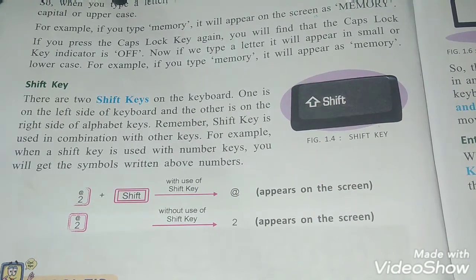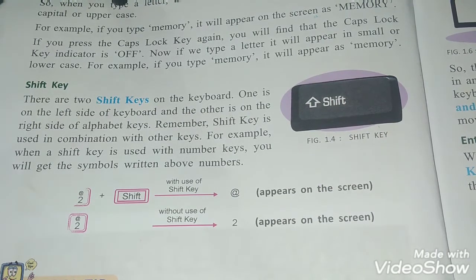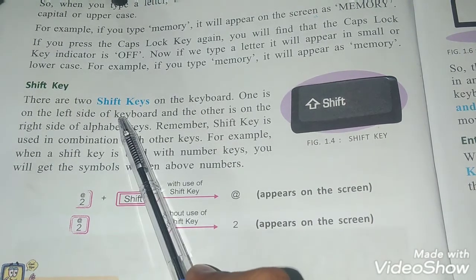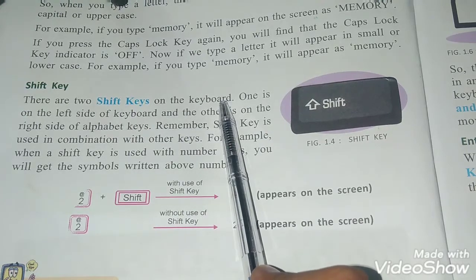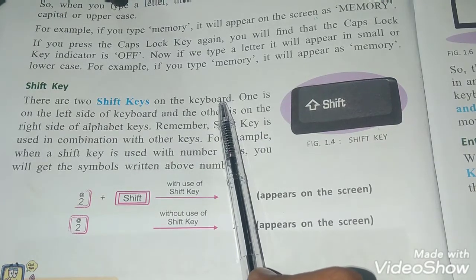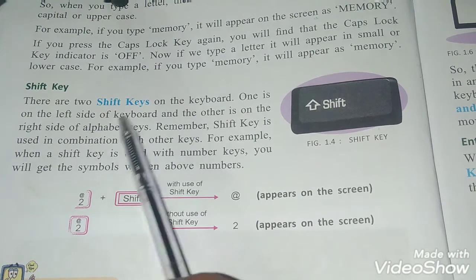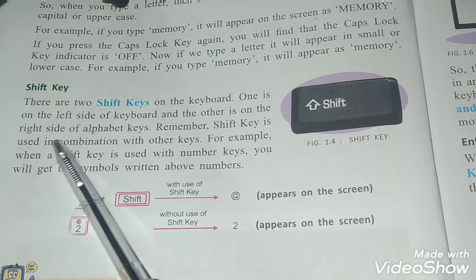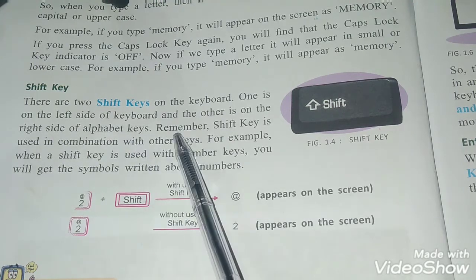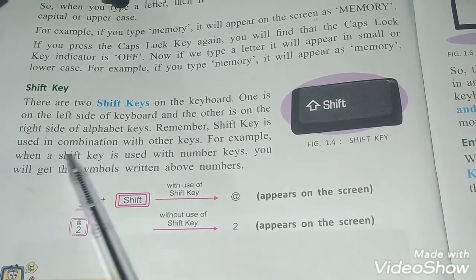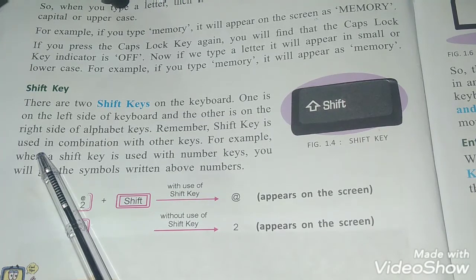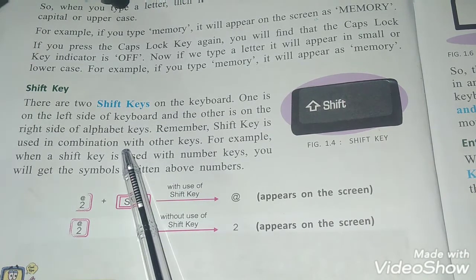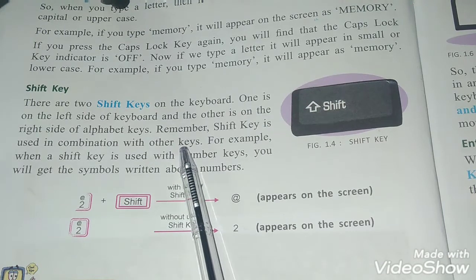Okay students, now we write a paragraph on the board. There are 2 shift keys on a keyboard. One is on the left side of the keyboard and another is on the right side of the alphabet keys. Remember that the shift key is used in combination with other keys.